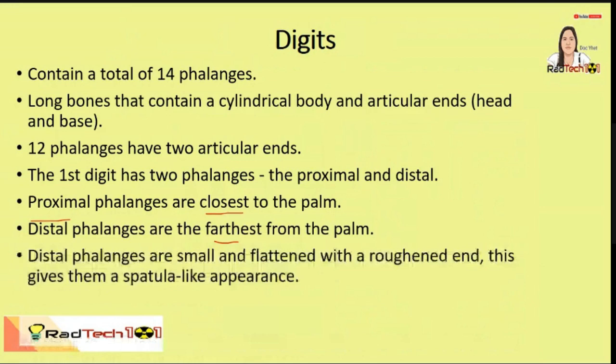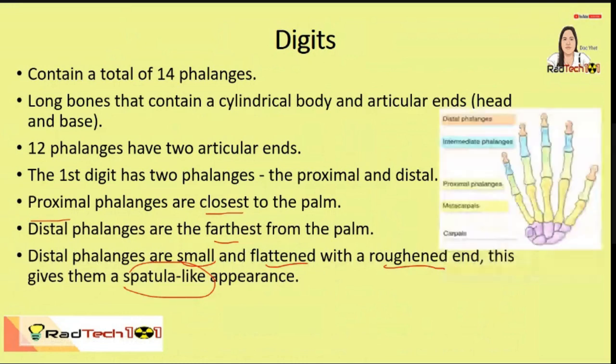Distal phalanges are small and flattened with a roughened end, and this gives them a spatula-like appearance. So ito yung ating distal phalanges, this one. Parang spatula daw yung kanyang itsura. Spatula-like.